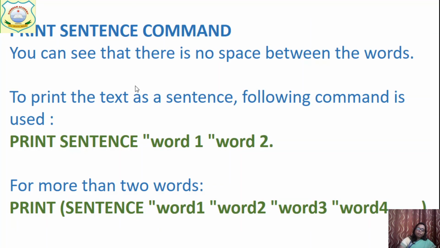You can ask now, what is the difference between print word and print sentence? The difference is that when you use print word and when you use print sentence, both commands will print only two words, but with print word there is no space between the two words, and when we use print sentence, word 1, word 2, it will put a space between the two words.